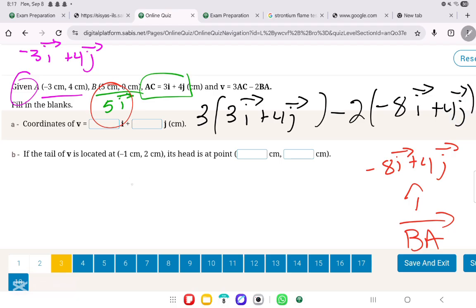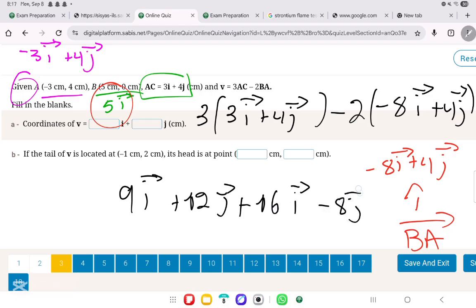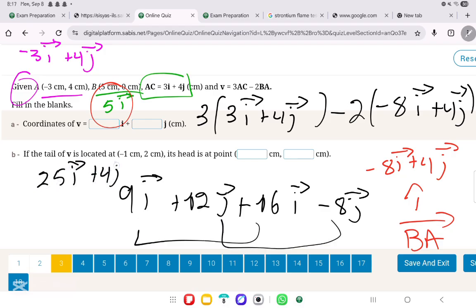After expanding, we get 9i plus 12j plus 16i minus 8j, because minus 2 times minus 8 is plus 16. Now you need to add i with i and j with j. You will get 25i plus 4j. So this is the final answer for part A.